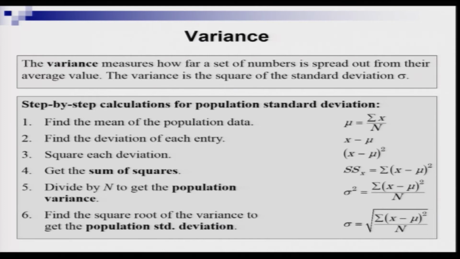Then you get the sum of squares, and then finally you divide that sum of squares by capital N, which is the population size, to get the population variance sigma square, and if you take a positive square root of that, then you get population standard deviation.